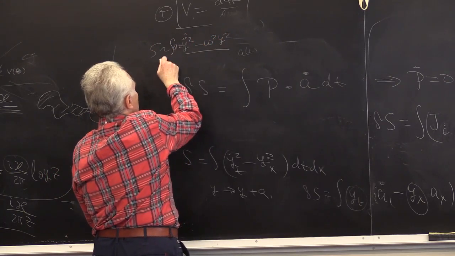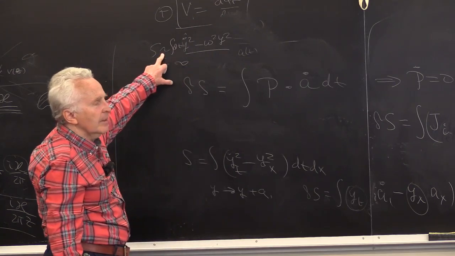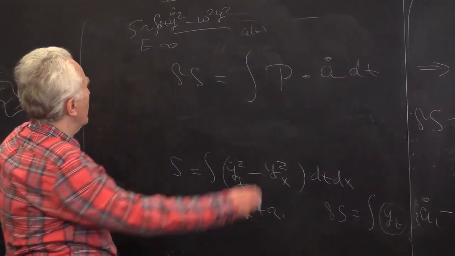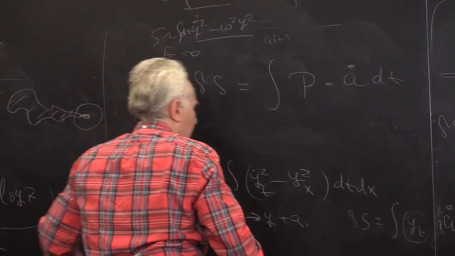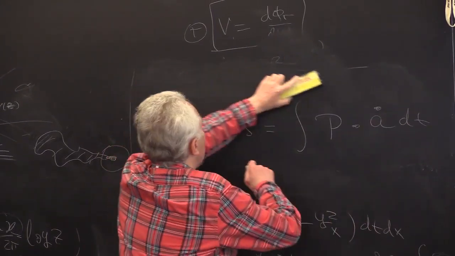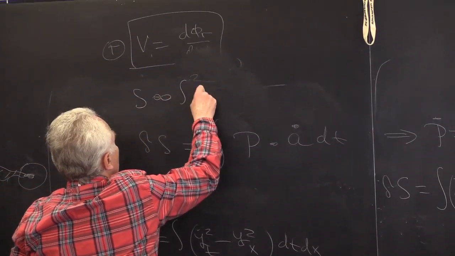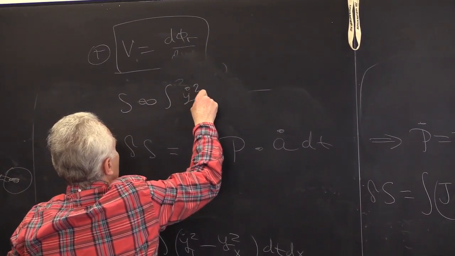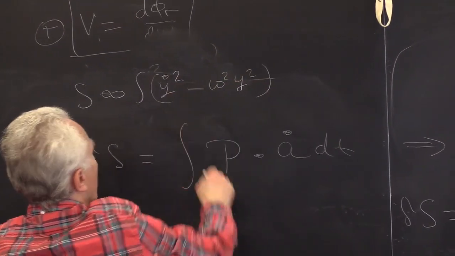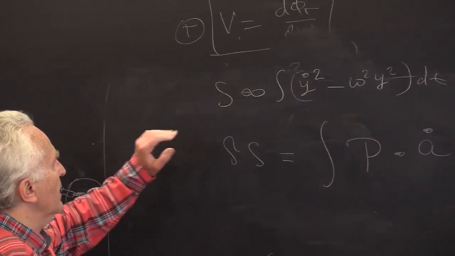And what is the energy for a harmonic oscillator in these terms, if the action is this? I hope you can see this. Let me write it down clearly. S is y dot square minus omega square y square. That's the action, an integral over dt for a single harmonic oscillator.